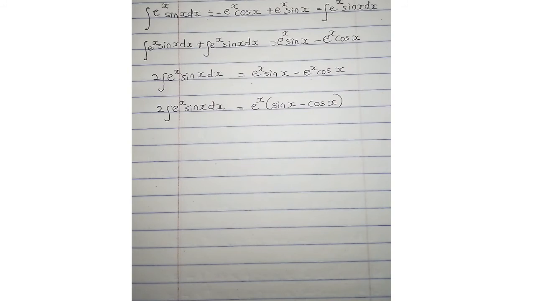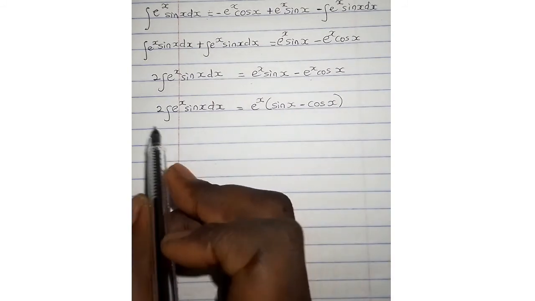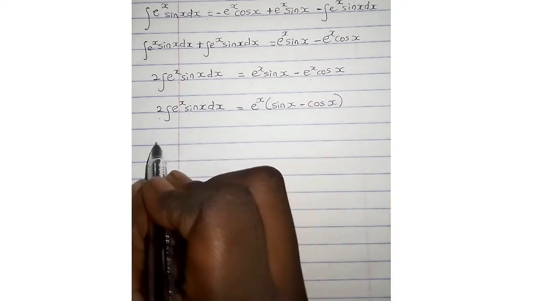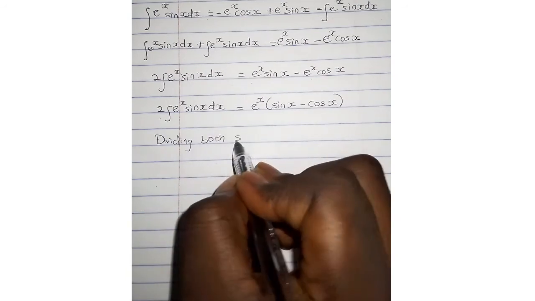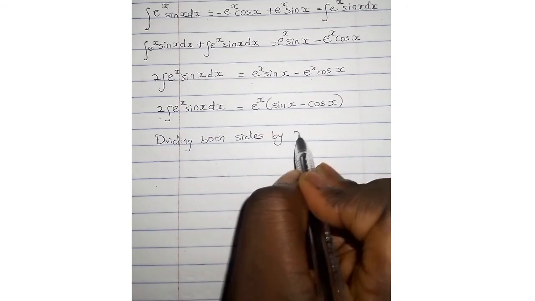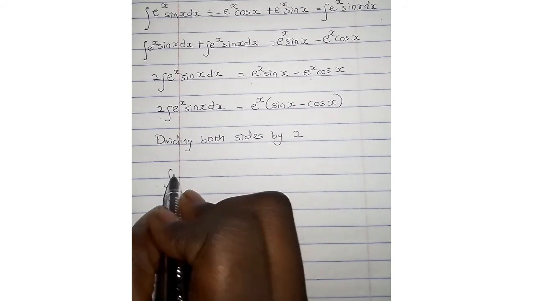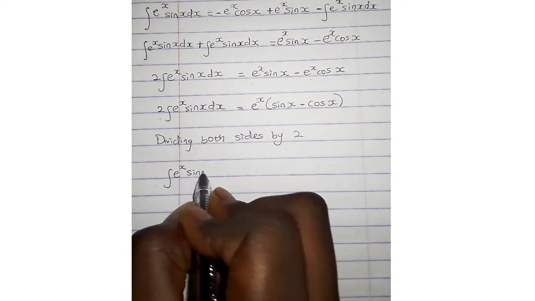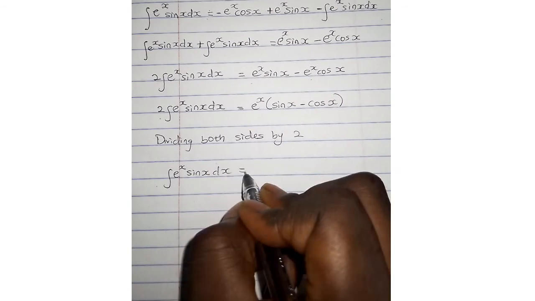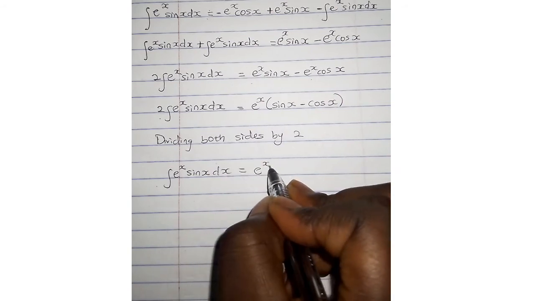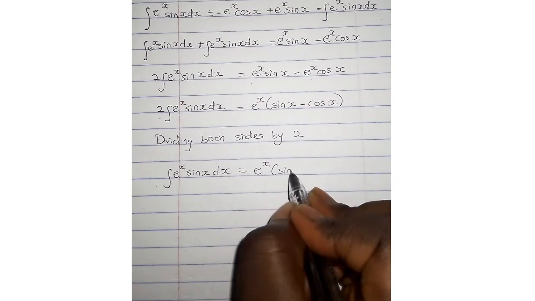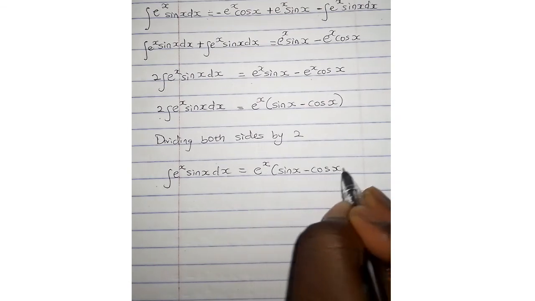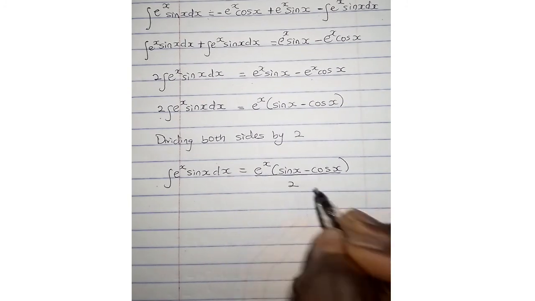Alright, so now we divide all through by 2 so that we eliminate this 2 here. So dividing both sides by 2, we're going to have now the integral of exponential x sine x dx is equal to exponential x all into sine x minus cos x all over 2.